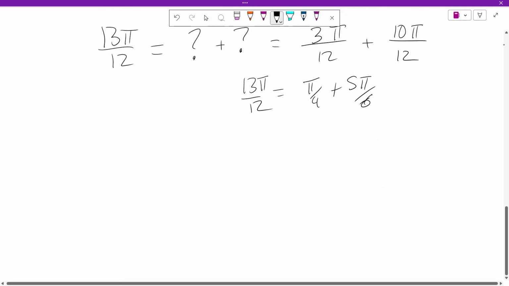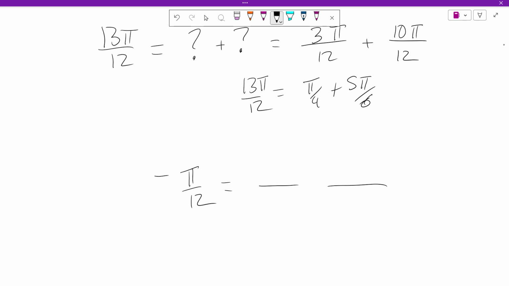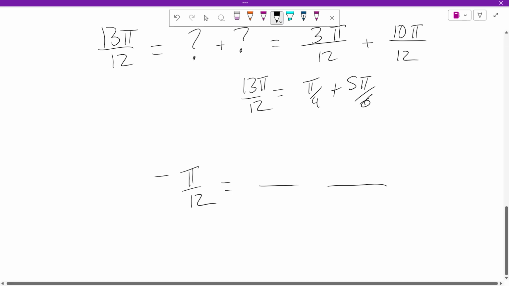Okay, let's try one more. Negative pi over 12. What two numbers equal a negative pi over 12? Well, instead of adding, we're going to subtract this time. 0 and 1 don't work because we don't have a pi over 12. 0 minus 1 is negative 1.